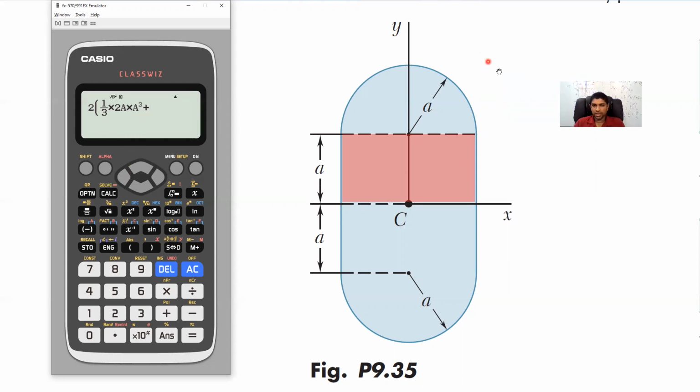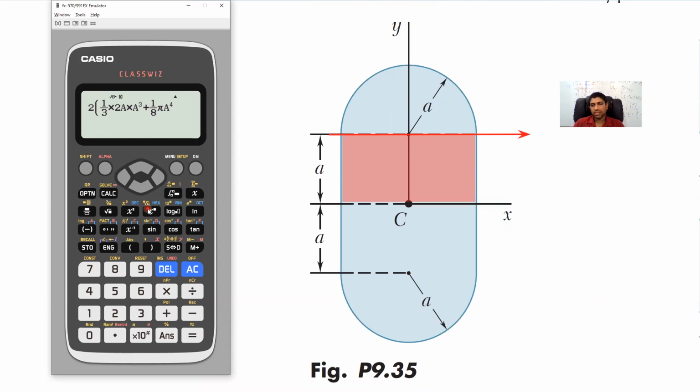When it is a semicircle, with respect to the axis passing through the diameter, we know that the moment of inertia is given by 1/8 pi r to the power 4. Now r is a, so 1/8 pi r to the power of 4.